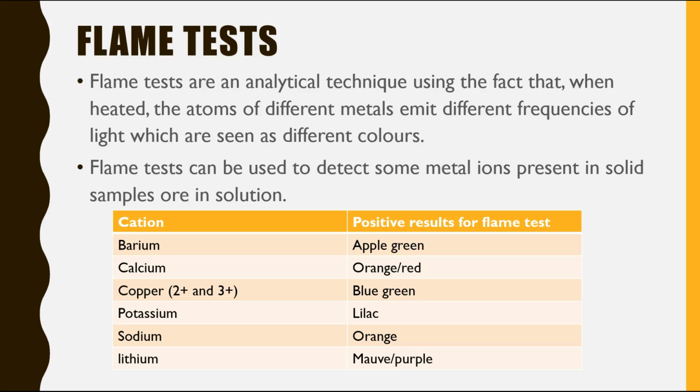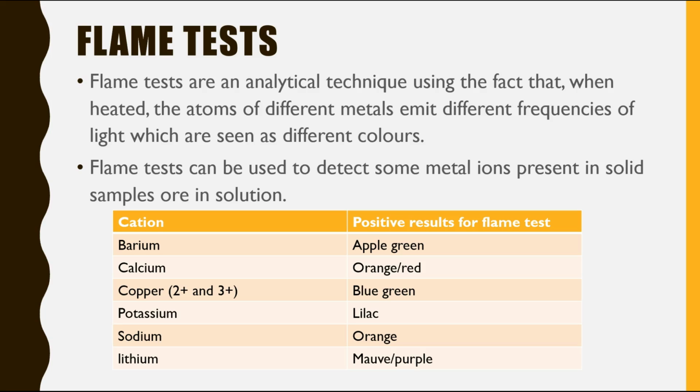When they're heated, those atoms of the different metals will be excited and jump up one, sometimes more, energy shells, and when they drop back down to their original energy shell, they emit different frequencies of light, and that is then evident in the different colors that they produce.